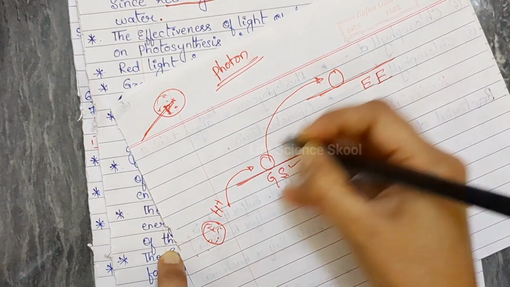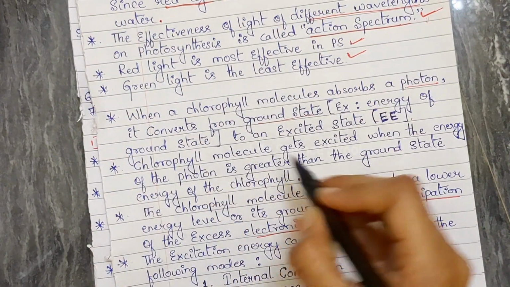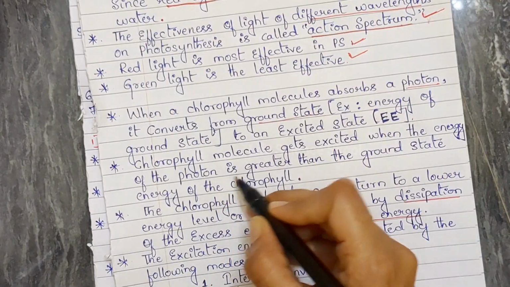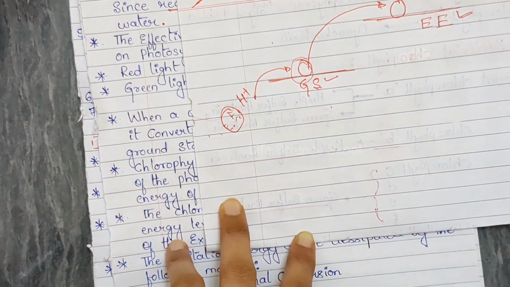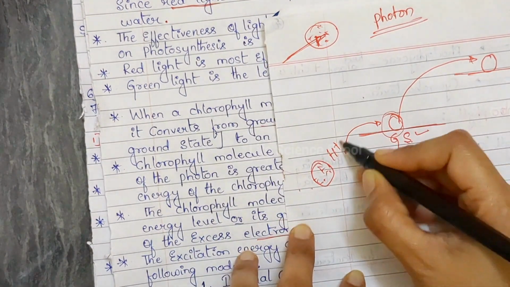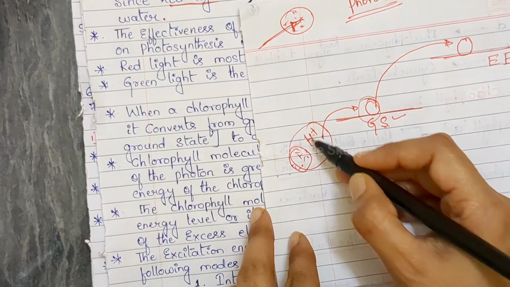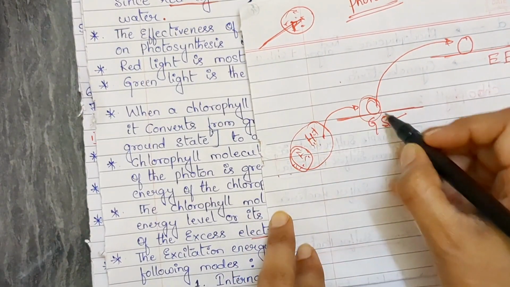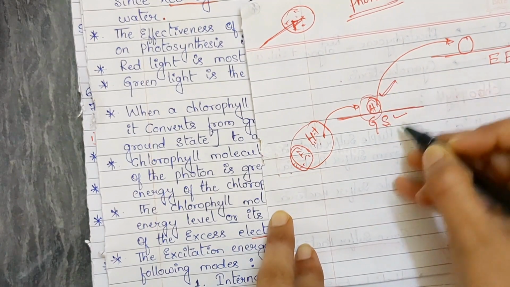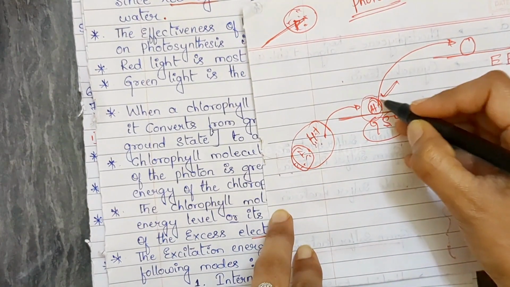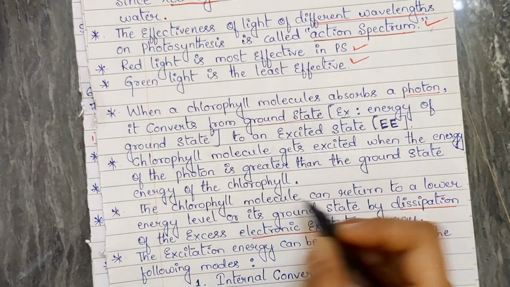The chlorophyll molecule gets excited when the energy of the photon is greater than the ground state energy, so that it will move from the ground state to an excited energy state.